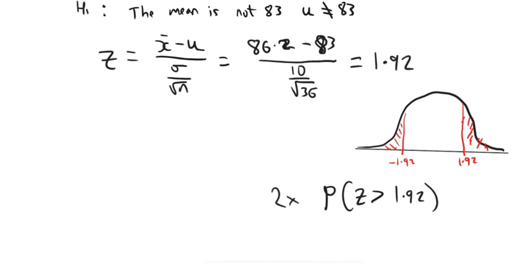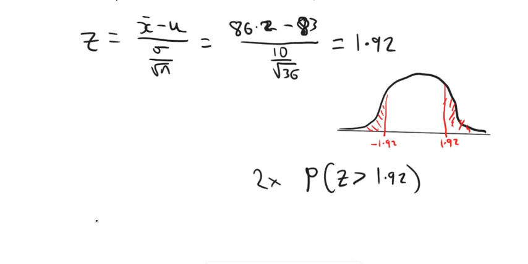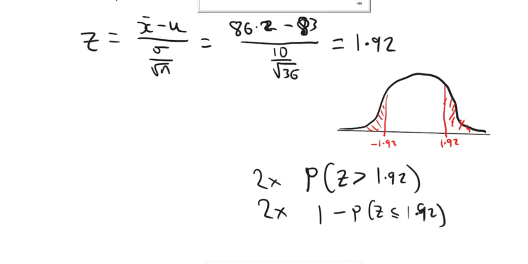That will give us the level of significance. Remember, for greater than you always have to do 1 minus, so it'll be 2 times 1 minus the probability of z being less than or equal to 1.92. Looking up 1.92 in your z tables, you get 0.9726.